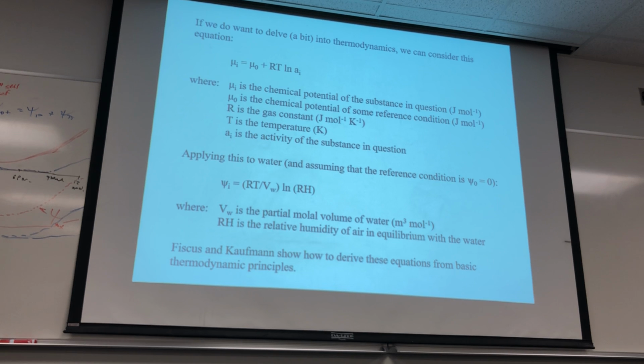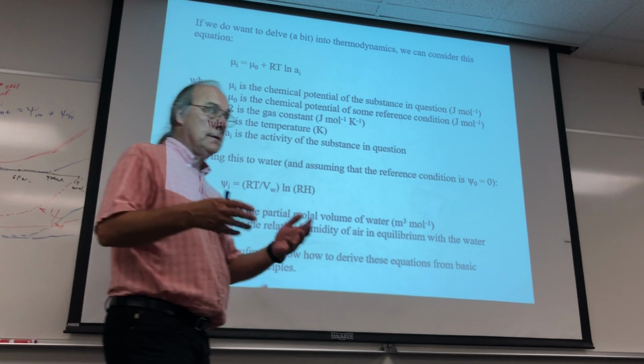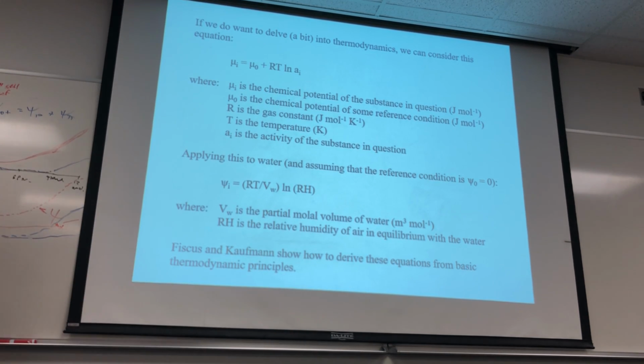It can't have a water potential that's less negative than that soil water potential. Otherwise, the water would move from the plant into the soil. And that can happen, but the soil determines the starting point of this pre-dawn water potential.